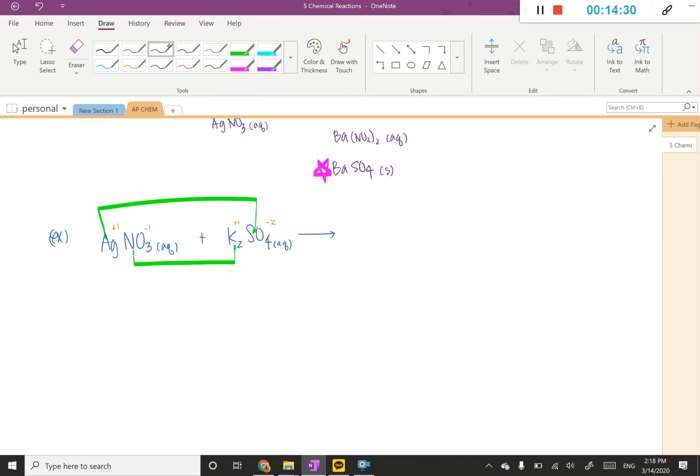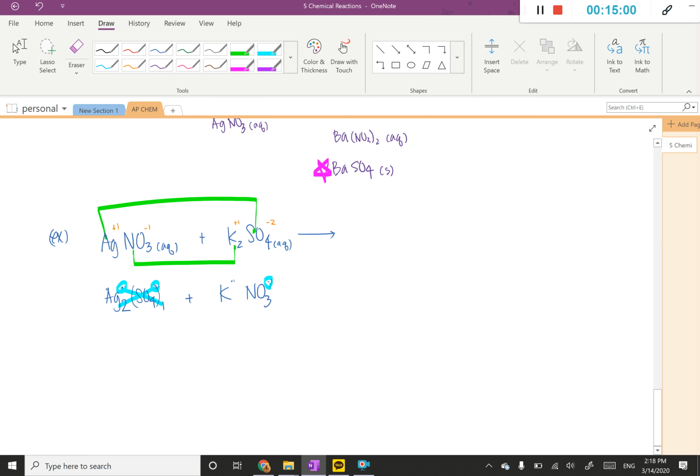And so if I look, Ag, which is a positive 1 charge, and SO4, which is a negative 2 charge, they swap and drop, okay? So when they swap and drop, you end up with Ag2SO4, plus I have potassium and nitrate, and potassium is a +1 charge, nitrate is a -1 charge.